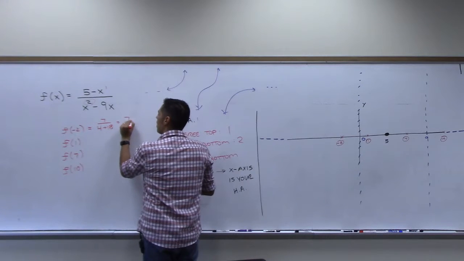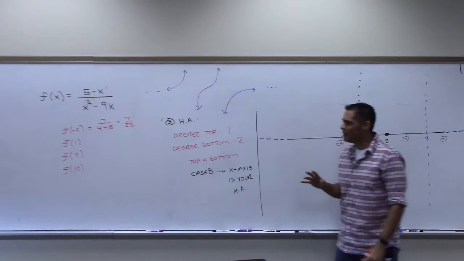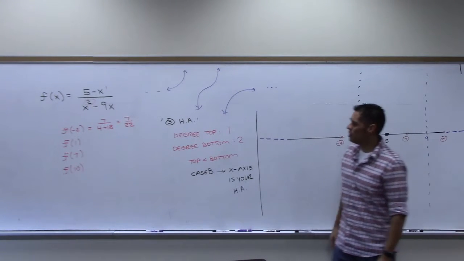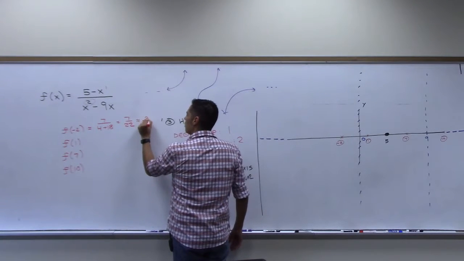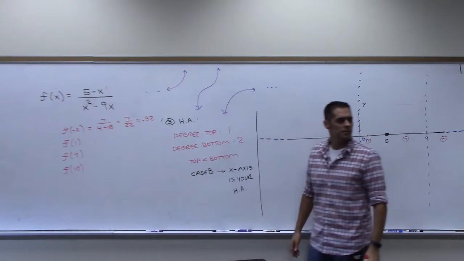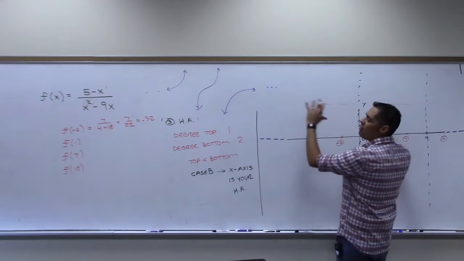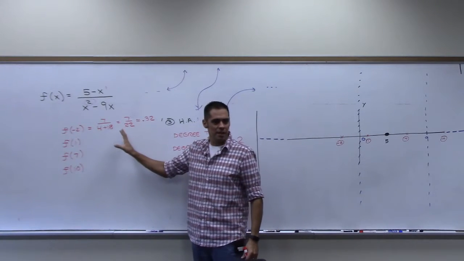So this should be 7 over 22, which is approximately 0.32. Approximately 0.32. Y'all good? Understand? I don't want you to come all this way and do all this perfectly and then you can't plug numbers into a function. Make sure you can get this.